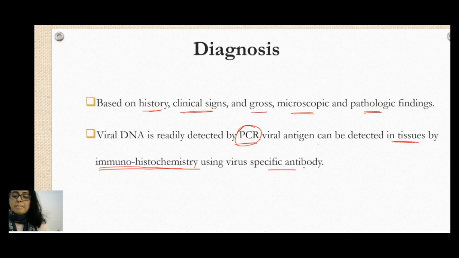So this is the simple diagnosis of chicken anemia virus. Like all diseases, we diagnose on the basis of the history, clinical signs, and gross, microscopic, and pathological findings. If we want to detect the DNA of the virus, we readily use the PCR.